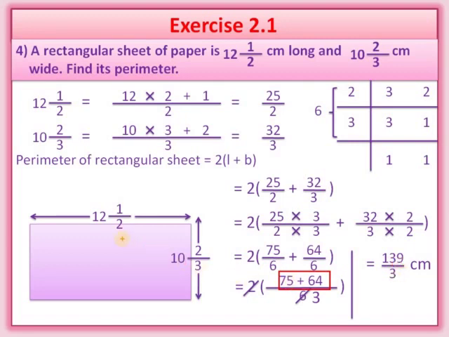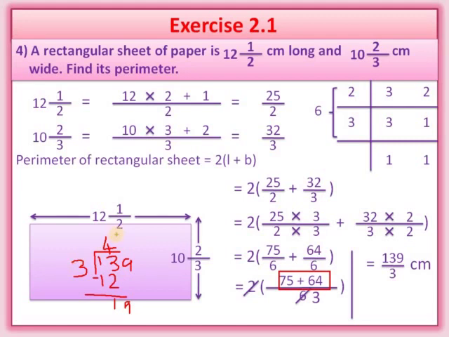Okay, so what answer will we get, beta? So you can see 139 divided by 3. Okay, 3 times 4 is 12. Minus, 13 minus 12 is equal to 1. Carry down the 9.